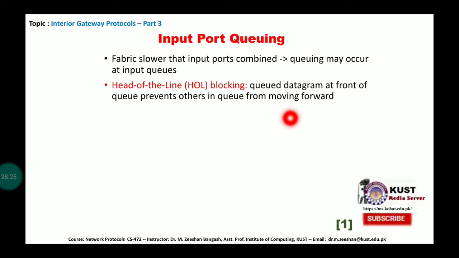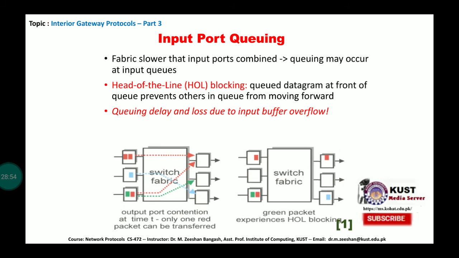We call it HOL blocking, head-of-line blocking. It is used for pausing the communication, and this queuing delay and loss occur due to input buffer overflow, and as a result the whole throughput of the router is affected because of this HOL blocking.